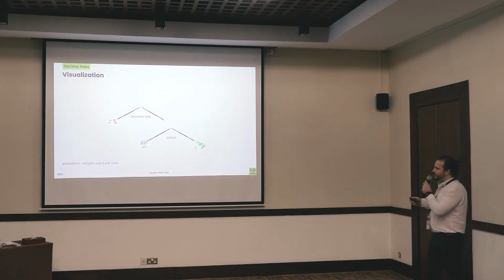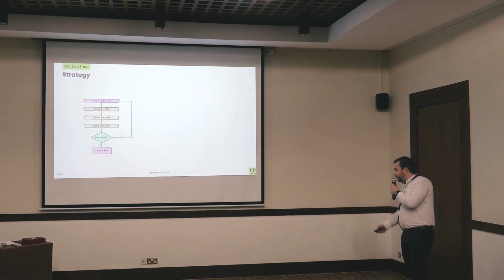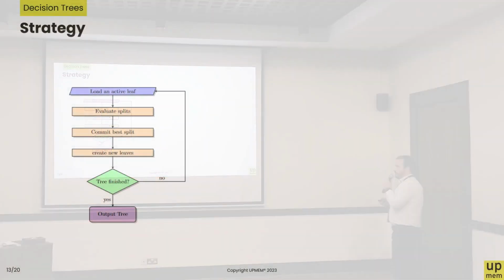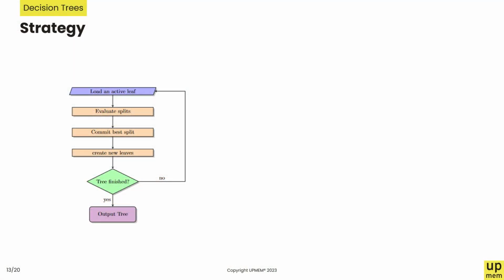You pick the best criteria. So that's the thing. You look at the leaf, you evaluate all the splits you can do on that leaf, you commit the best split, you cut your leaf, and you repeat, and you do that on the CPU traditionally in a depth-first fashion, mostly because it's more cache-friendly.